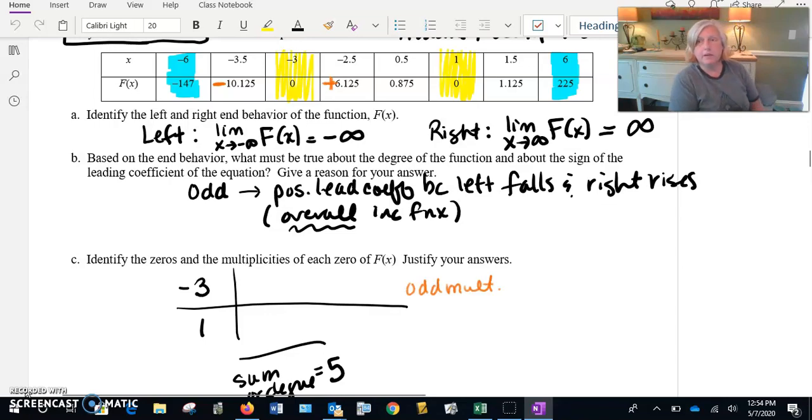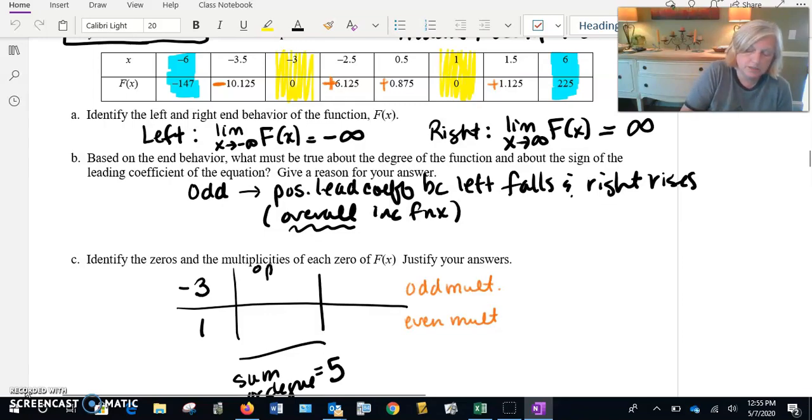And the 1 must have even multiplicity because it's positive and positive, and remember, we can't cross anymore, so this is pretty much it. So this one's going to be even multiplicity. So there are really 2 options as I'm looking at this. Option 1 is going to be that -3 has a single multiplicity.